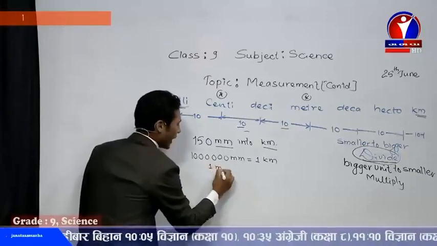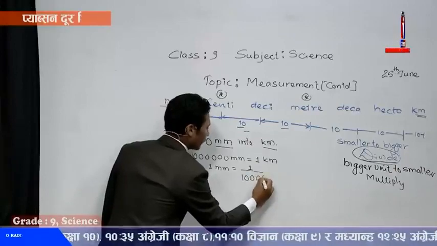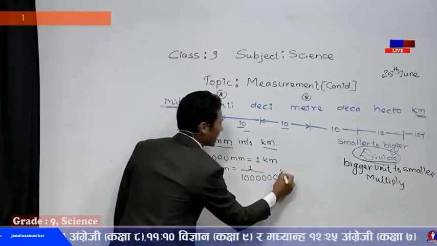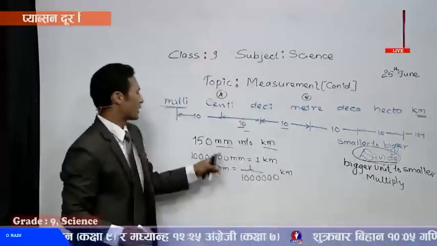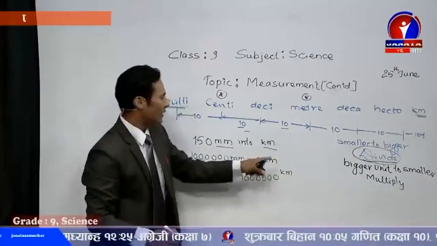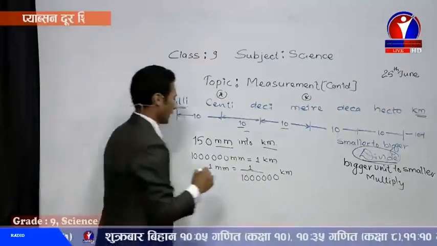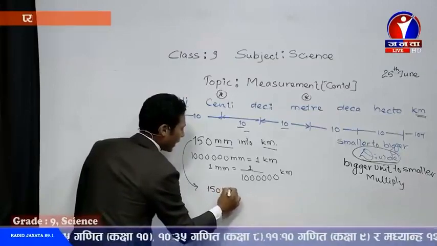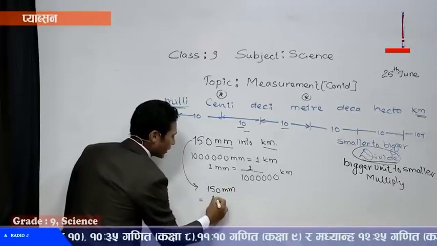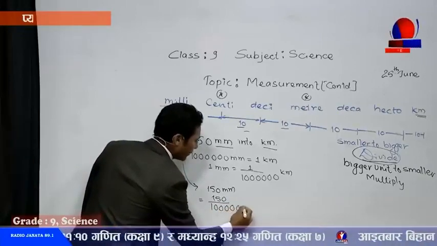So 1 mm equals 1 by 1, 2, 3, 4, 5, 6 zeros, in kilometer. So we have to divide. Why? Because it is from smaller to bigger. And by this number we will divide for the conversion. That means this 150 mm equals 150 divided by 1, 2, 3, 4, 5, and 6 zeros.